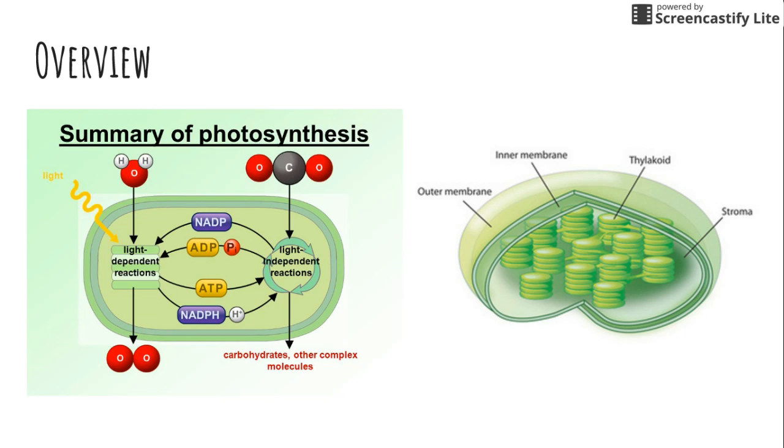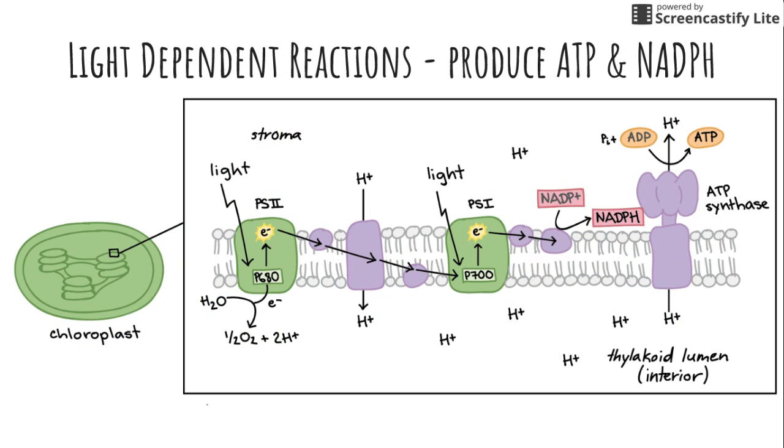The light-dependent reactions take water and break it down into chemical energy, and then that chemical energy is used in the Calvin cycle for carbon fixation, which gets to the end goal, carbohydrates and glucose. So, light-dependent reactions. It all starts in the chloroplast.